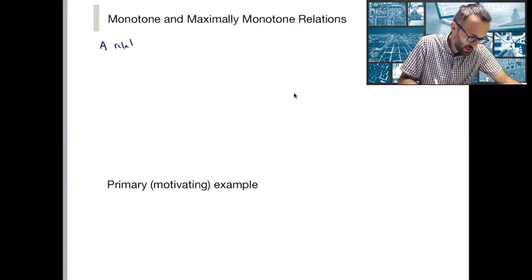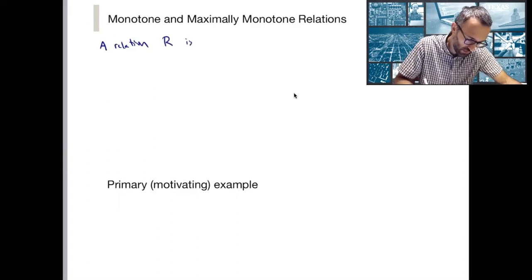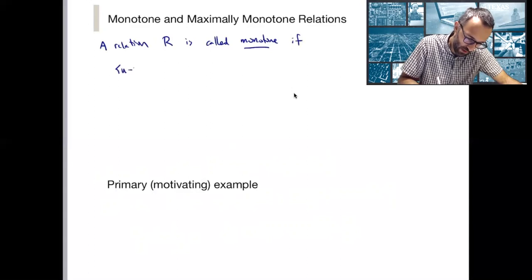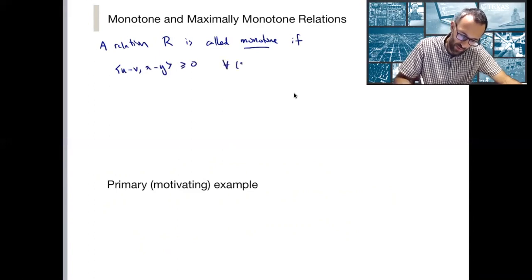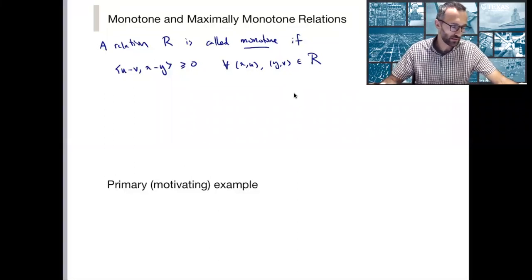A relation R is called monotone if u minus v times x minus y is greater than or equal to 0 for all pairs xu and yv in R. And again, we can think about subdifferential and the gradient, and they satisfy this.